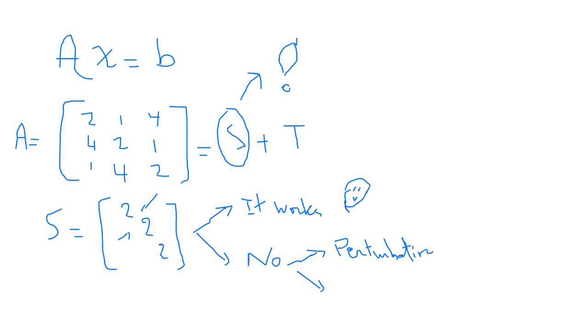Or, for example, just multiply it and make the diagonal quite large. For example, I can take K times S. It might work. One of the advantages here is to make the determinant large.